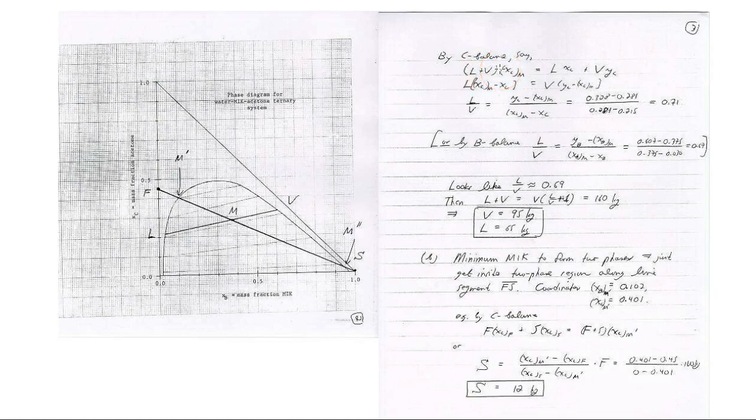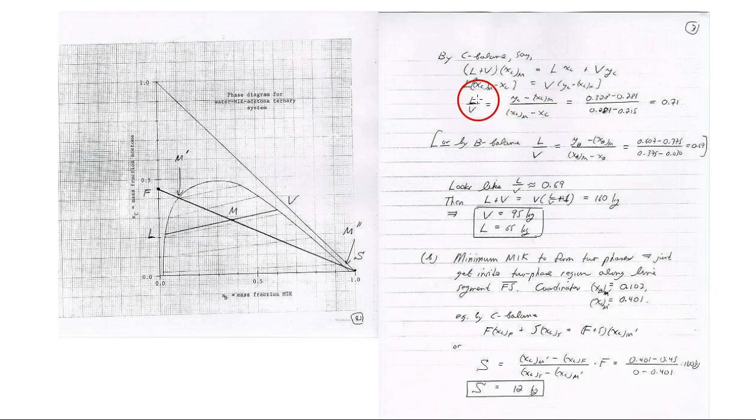If I do a C balance on those, the total mass times the mass fraction of C for the overall mixture is the total mass of C in the two leaving streams. So that's the total raffinate times a C fraction of that, plus the total extract times a C fraction of that. Do a little rearrangement here, collect all the L terms on the left, all the V terms on the right, and this is exactly the little bit of algebra I did in the lecture material.